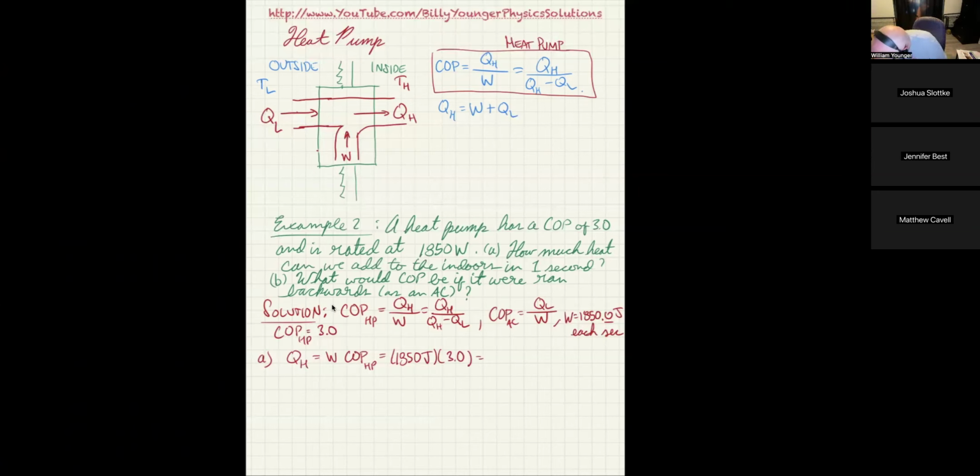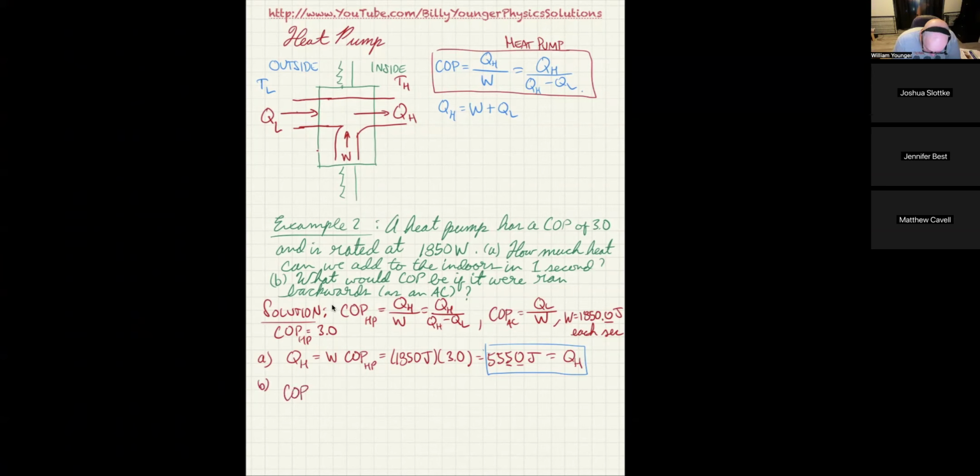So if I multiply these two numbers, 3.0 times 1,850, that is 5,550. And obviously, we only have two sig figs now, but that does come out in joules. So that's actually our QH, and that's what they were asking in part A, which was specifically how much heat can we actually add to the indoors in a second. So that's 5,550 joules.